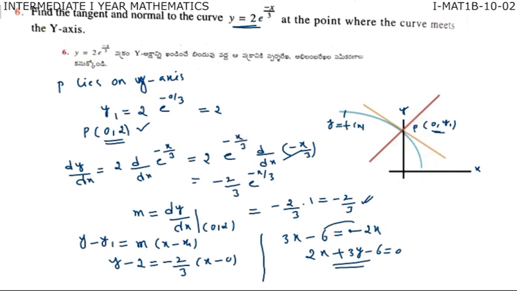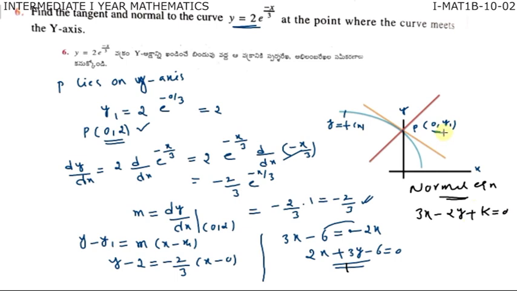Next one is the normal equation. Using the formula, a line perpendicular to this equation can be written as 3x minus 2y plus k is equal to 0.